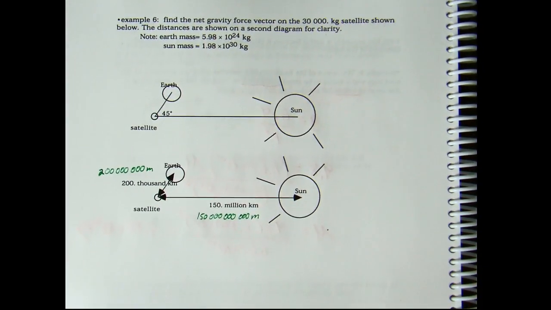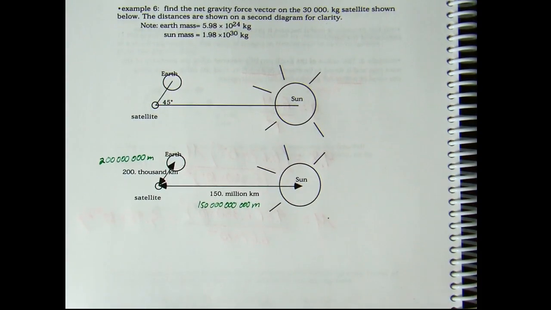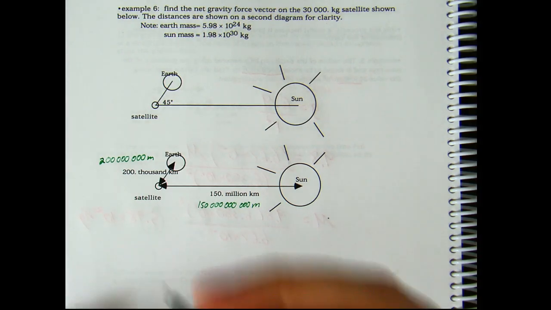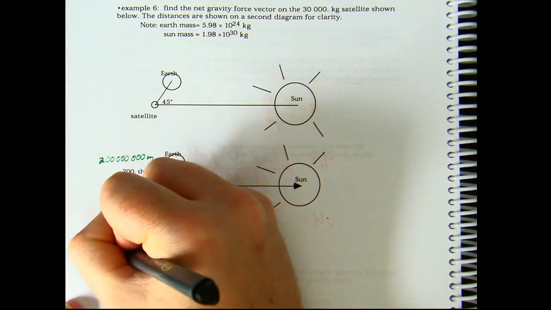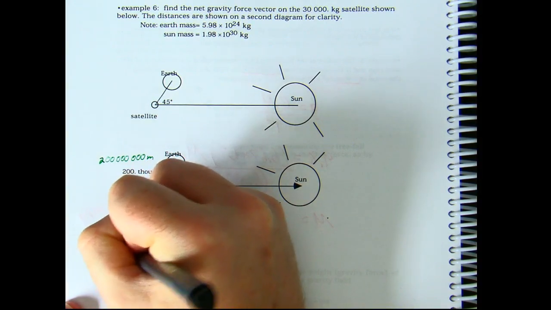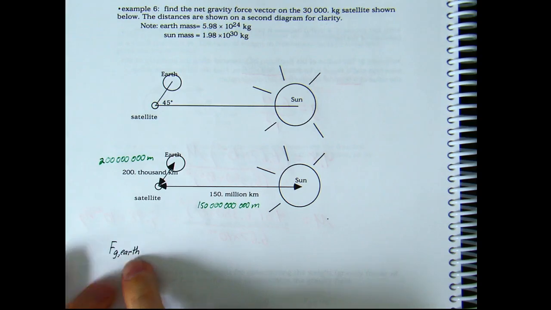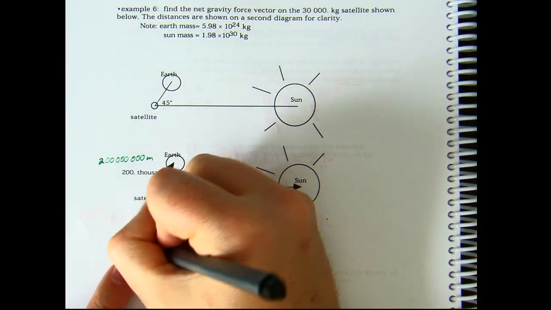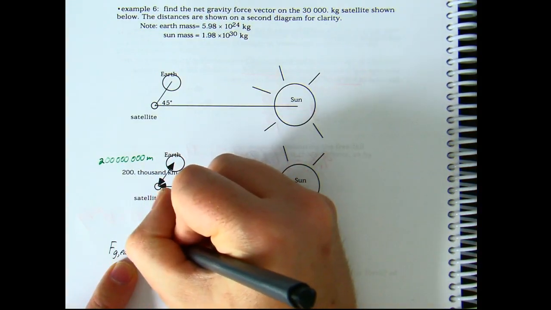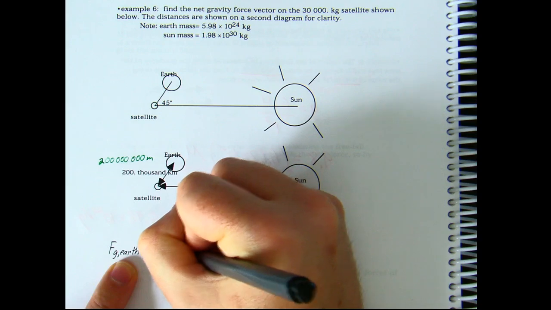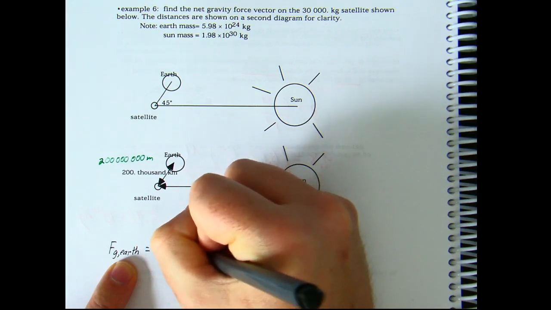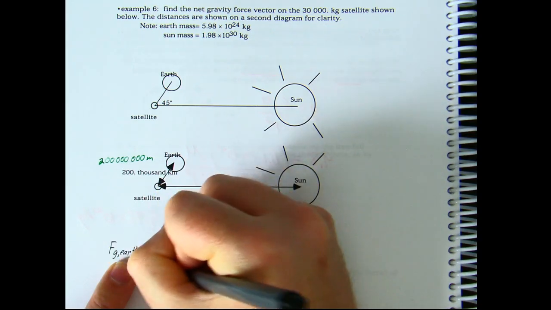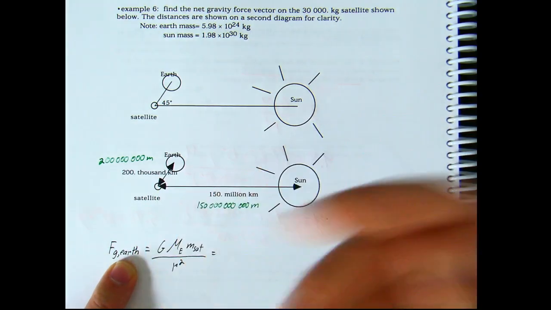We've got the mass of the Earth, we've got the mass of the Sun. So let's do it. The first thing we need to do is figure out what Fg is. There's some notation here. We're going to call this Fg Earth. We're going to start adding what the force of gravity is caused by down here. So we've got G, mass of the Earth, the mass of the satellite, divided by the distance between them, or between their centers rather.